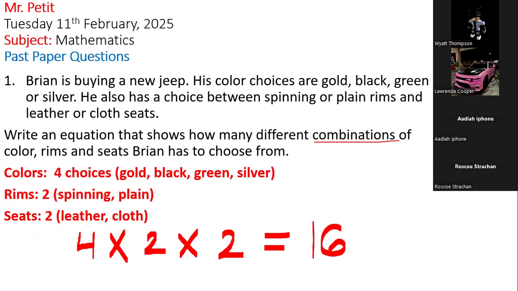The way we got it, we know that 4 times 2 is 8, and then 8 times 2 is 16. And so that's the answer. 4 times 2 is 8, and 8 times 2 is 16, and that's the answer right there.